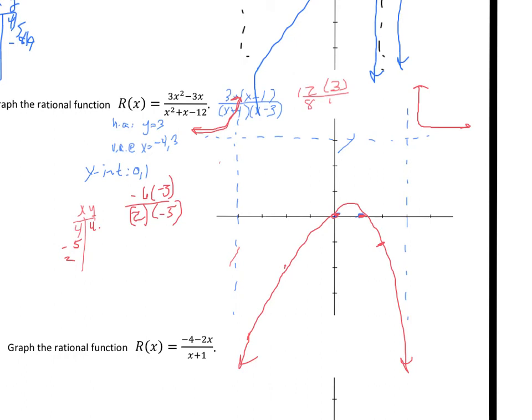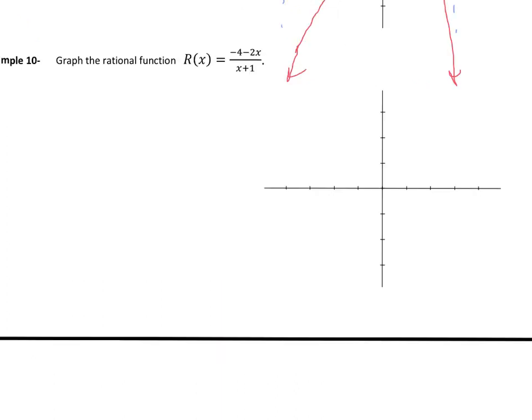Sweet. Okay, so example 10 here. What should we do first with that? Take that numerator and write it in descending order. Okay, so we're going to get, and I'm going to factor that -2 out as well. So we get -2x minus 4.